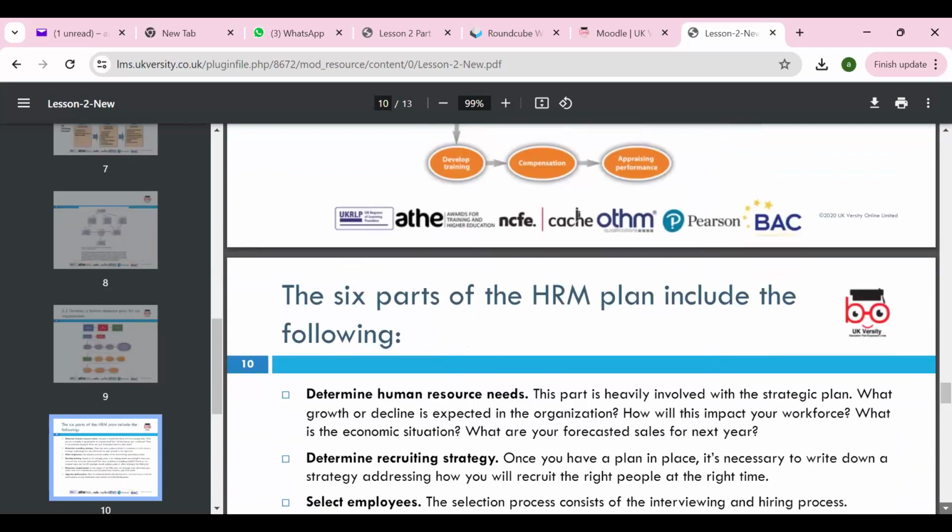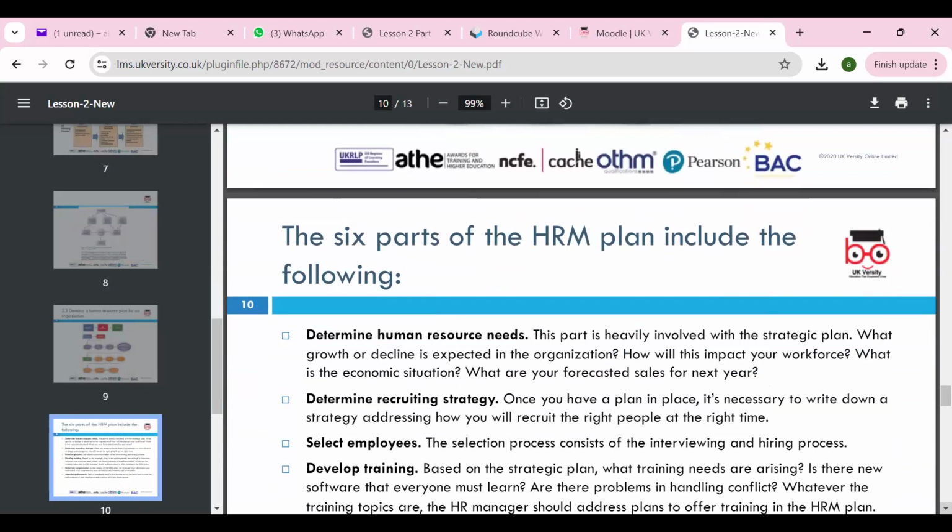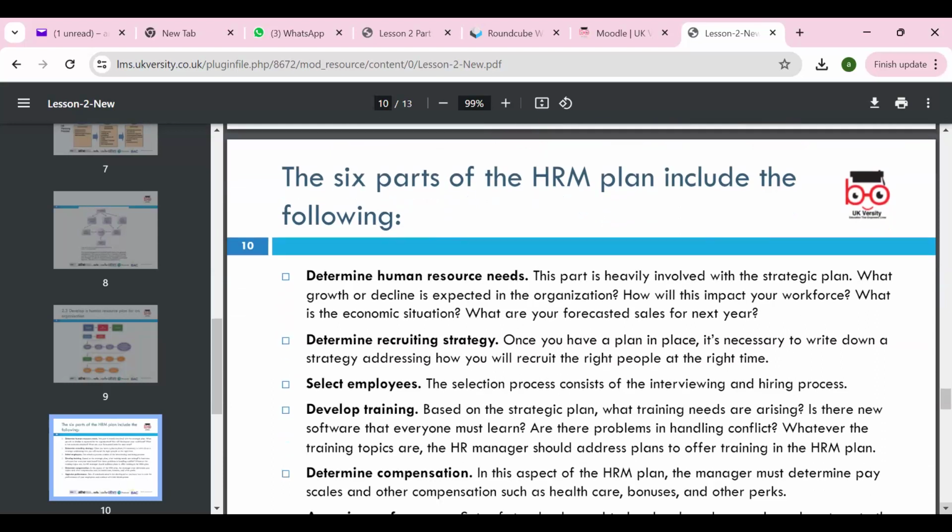The parts of a human resource plan include the following. Determine the human resource needs, which is heavily involved with the strategic plan: what growth is expected for the organization and what impact it will have on the workforce. Then the recruiting strategy, which is the action plan: write down the strategy, the right person for the right job at the right time.